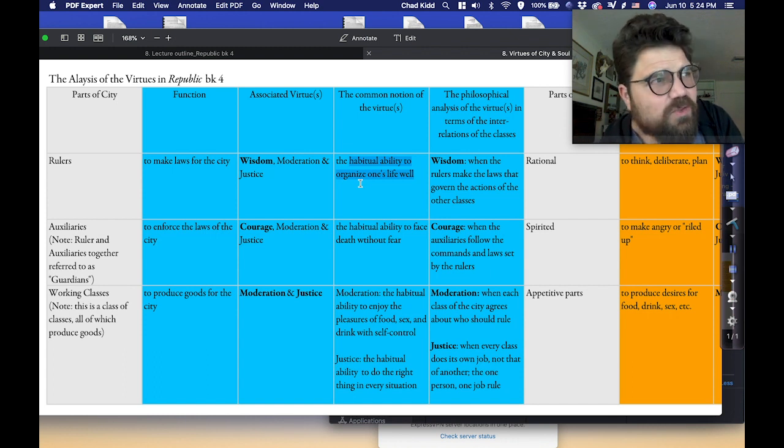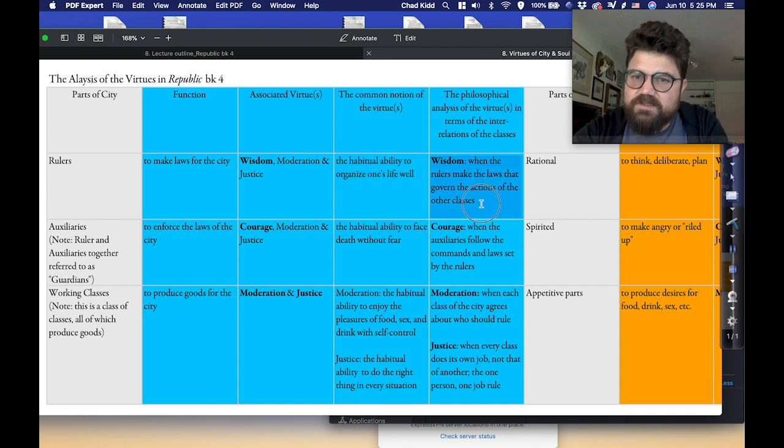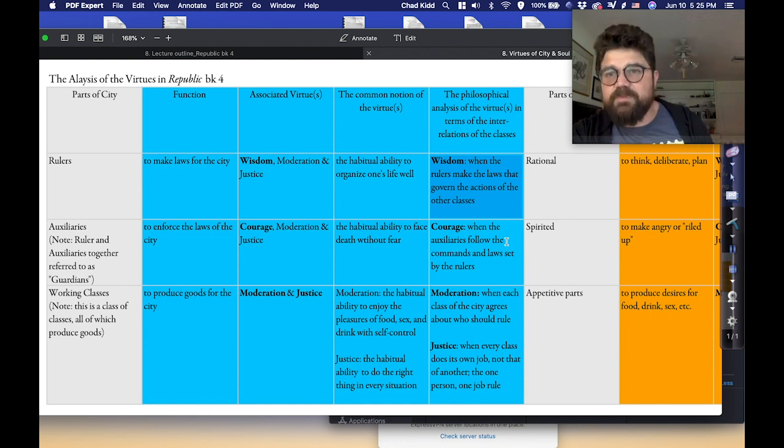And so the way that he understands wisdom in the city is basically this. He looks at what the city does that produces wise decisions, and what he sees is that wisdom is basically when the rulers in the city make laws that govern the actions of the other classes, right? Now the rulers make good laws by definition, at least that's the way the legislation has set them up, such that they can do that.